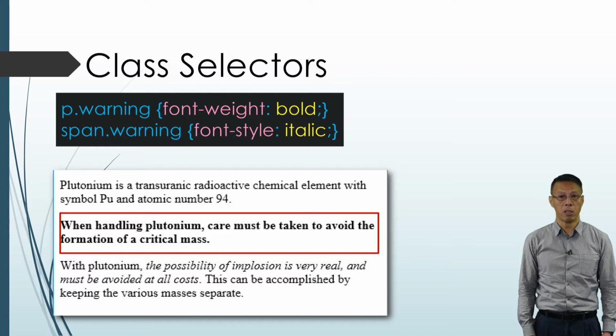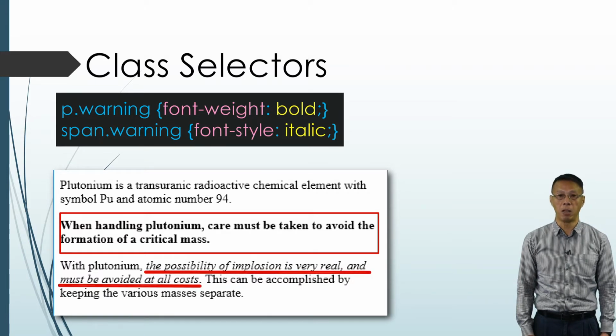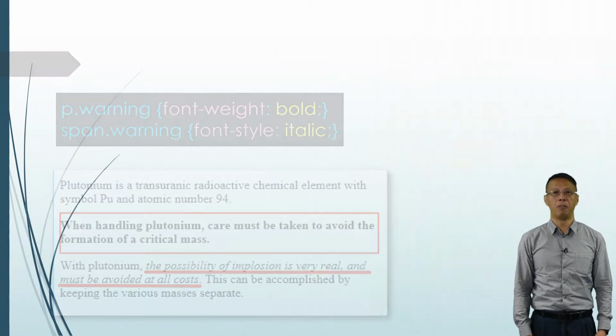So the way is span.warning. So even though we have the same class, for different elements, we should have different results. Now we've learned a way to further specify the selectors by introducing the class attribute.